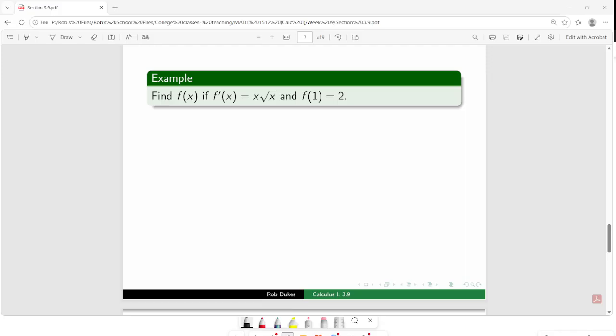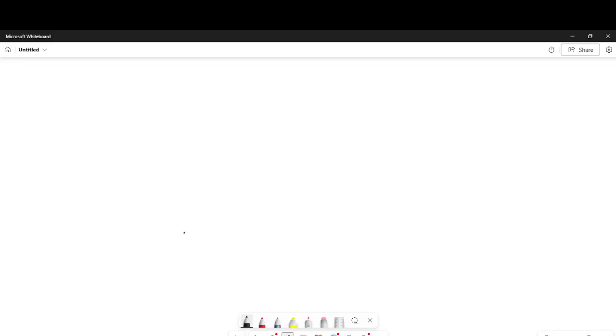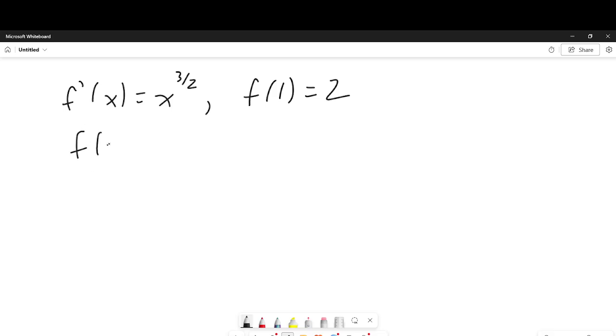So let's see this. F prime of x is x to the 3/2. Let's write it like that. F prime of x equals x to the 3/2, and f of 1 equals 2. So then f of x must be, let's see, raise x by 1, so we get x to the 5/2, divided by 5/2, let's say it's times 2/5, plus c.